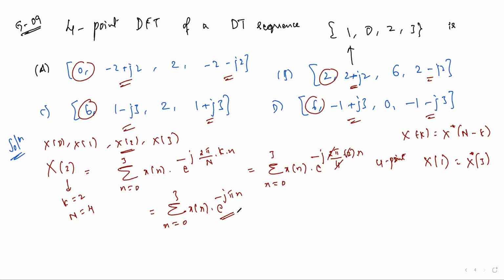Cos pi is minus 1, sin pi is 0, so this is minus 1.